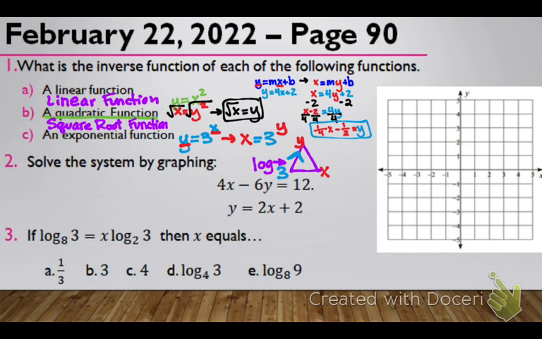So I switched my x and y values. I solved for y by using my triangle. I would have y equals log base 3 of x. I wrote my log all the way across the bottom. Then what would the inverse function of an exponential function be?